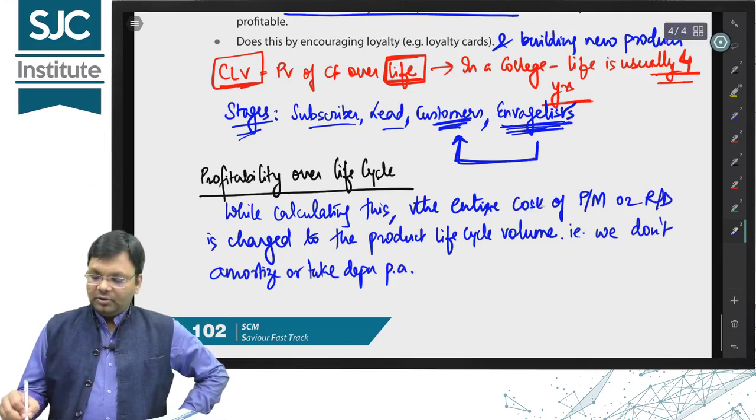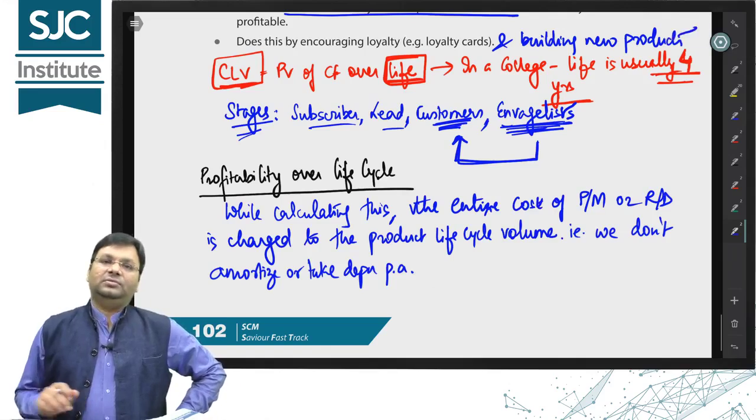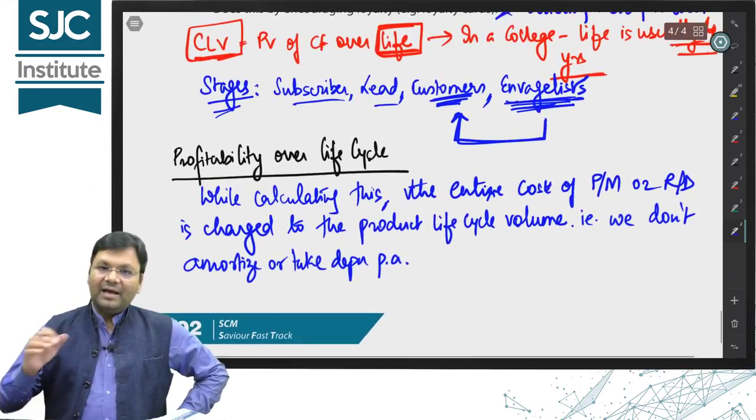Alright, so you got to charge the entire cost. You got to charge the entire cost to the profit statement.